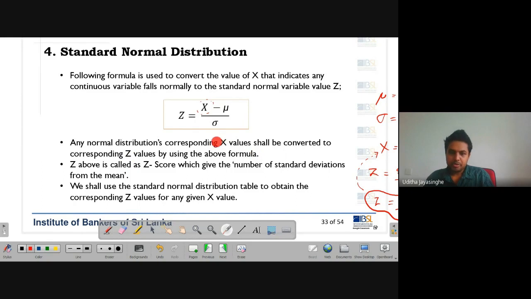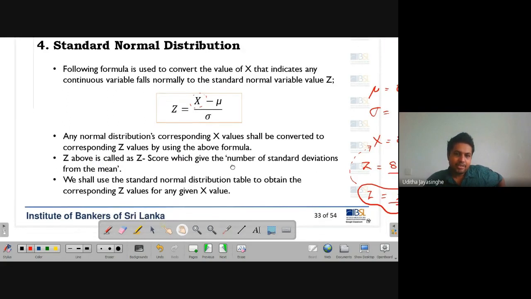So corresponding X values means these actual X values. For this 82.1 gram yogurt cup, the corresponding Z value is 2.1. That's what we calculated. This Z is called a Z score, which gives the number of standard deviations from the mean. That is exactly what we have calculated.